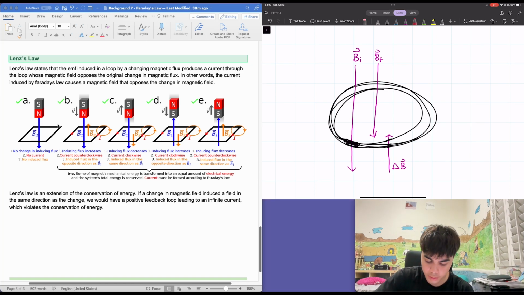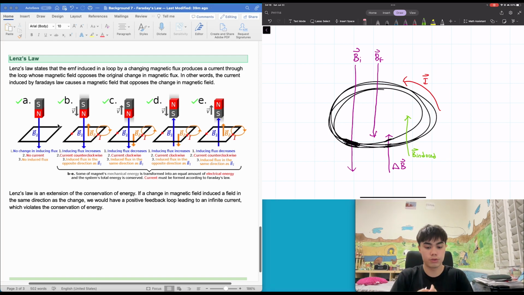So let's first suppose that this induces an EMF causing a current in this direction. If we do this, then this new current induces a new magnetic field that is up through this coil, using the right-hand rule that we learned from last lab. The induced magnetic field will be up if the current is in that direction. If the induced magnetic field is upward, then the change was upward.